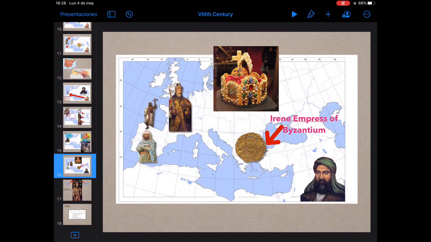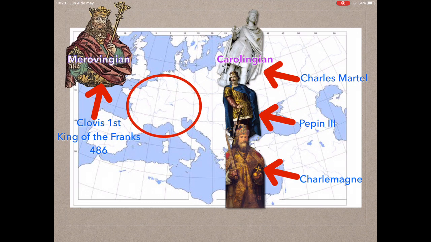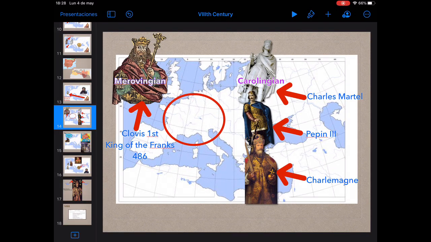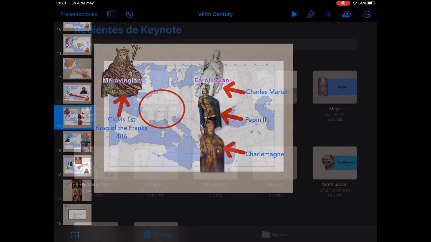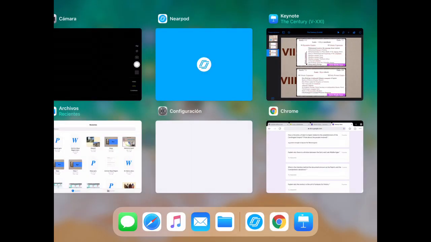We're going to have this change between the Carolingians and the Merovingians. Over here we have it. Remember that precisely Charles Martel, winning in this Battle of Poitiers, is going to win enough power that he was able to replace the Merovingian family, and we're going to have the start of the Carolingians. If you remember, we saw it just over here in class, and of course it is shown in your cards.